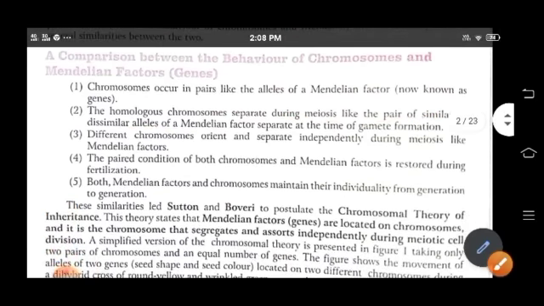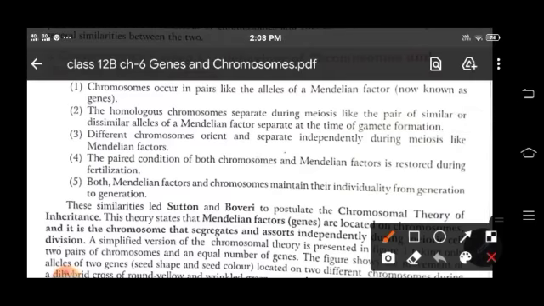Different chromosomes orient and separate independently during meiosis, like Mendelian factors, and the paired condition of both chromosomes and Mendelian factors is restored during fertilization. Mendelian factors and chromosomes maintain their individuality from generation to generation.